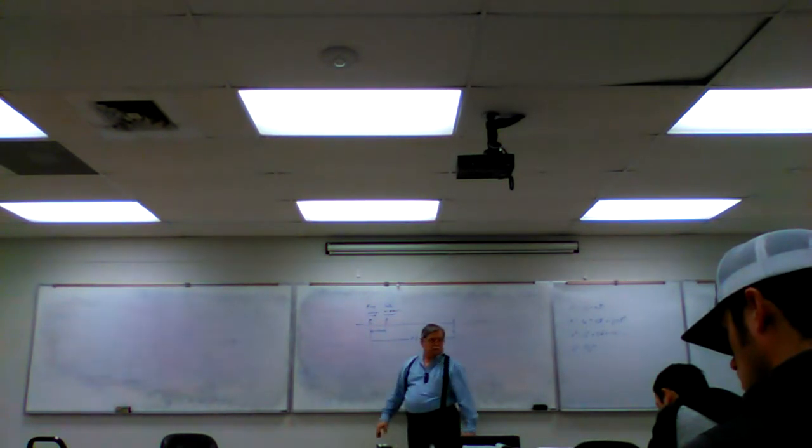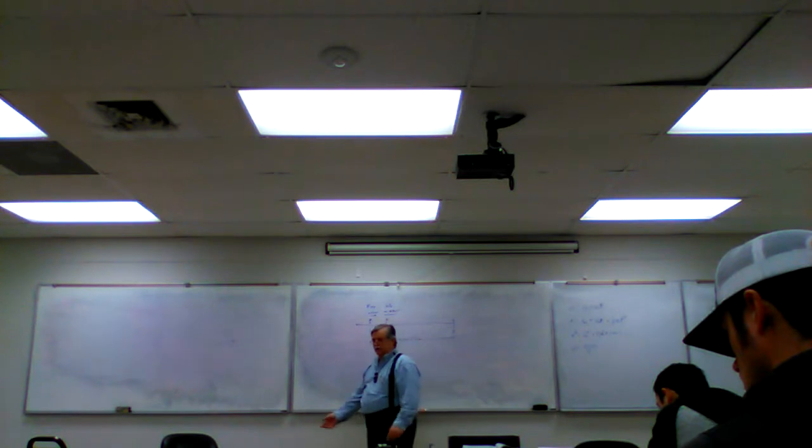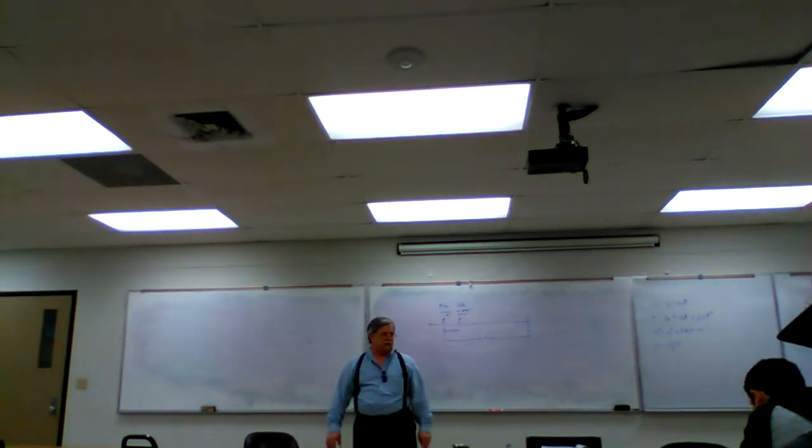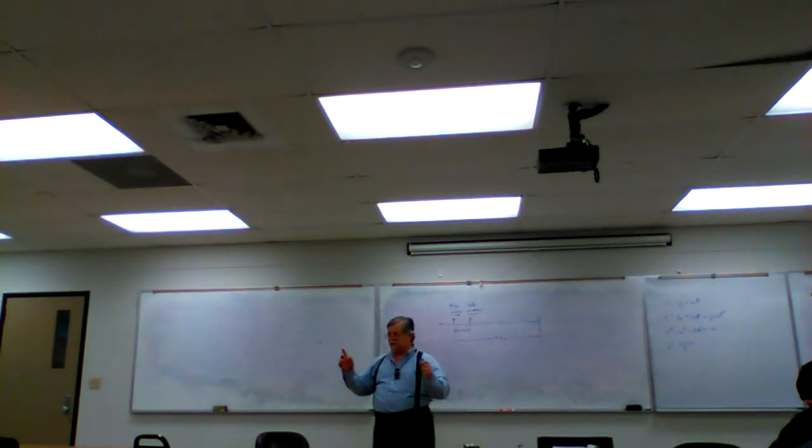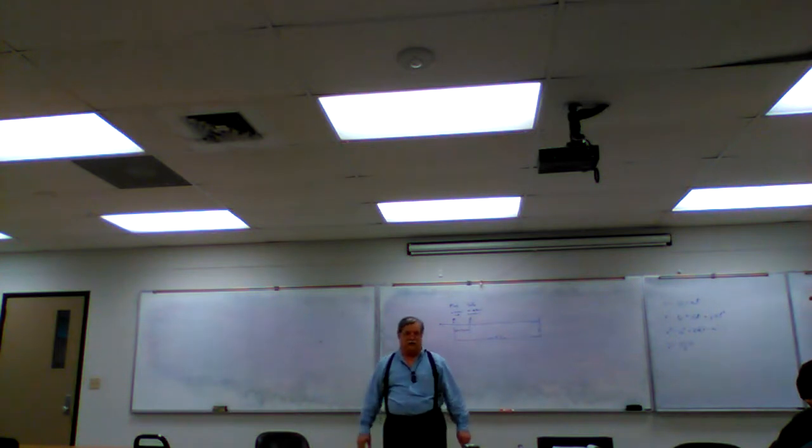Anybody? Because we're not going to solve this in a single equation. We're going to have to do this in steps. So what's step one? What's the first thing we need to know?